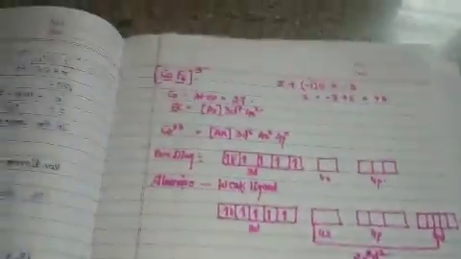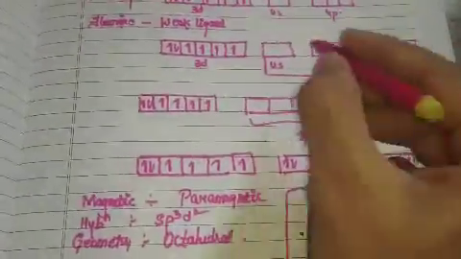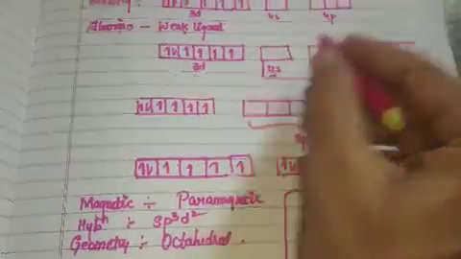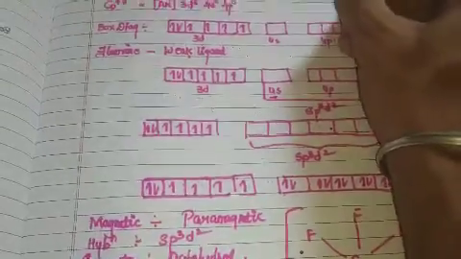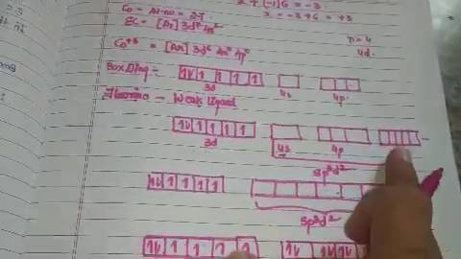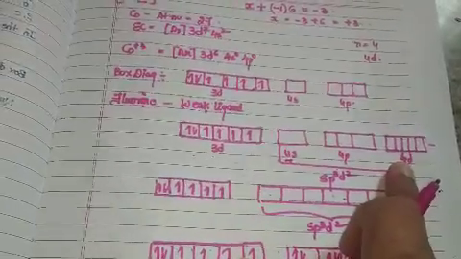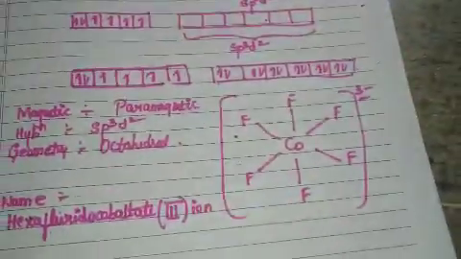But when you are looking at [CoF6]3- here, we can notice that the same n value, n equals 4, it has taken for the 4d orbital, that is, it has chosen a d orbital which has n equals 4. That is the reason it has sp3d2. So this is an example of an outer orbital complex.